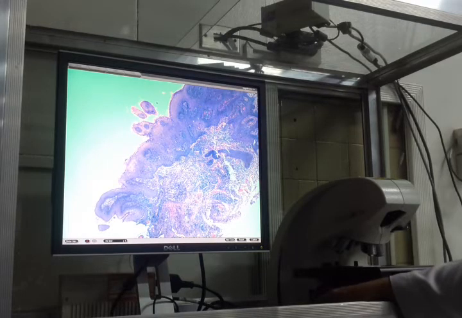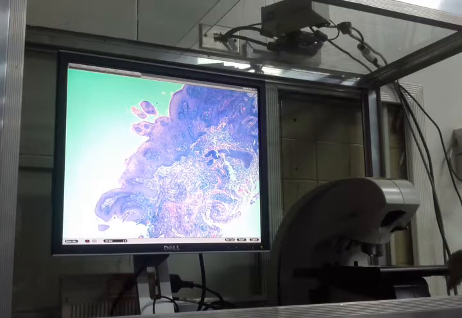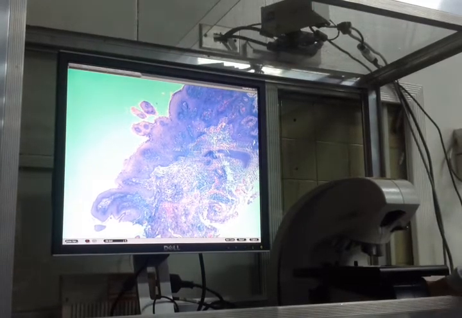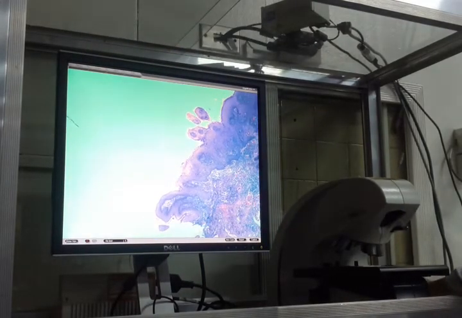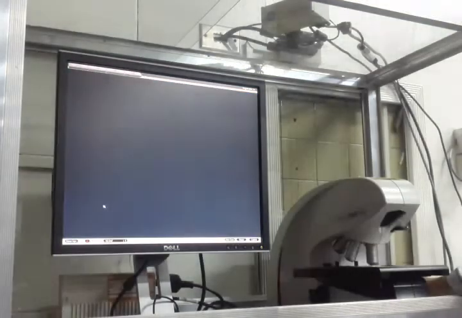Anong nangyari sa part na to? Anong kumapal? Ito lang yung basement membrane mo, ganyan lang dapat. Ito lang ang thickness. You want higher magnification. Tapos tsaka tayo bumalik. Normal.